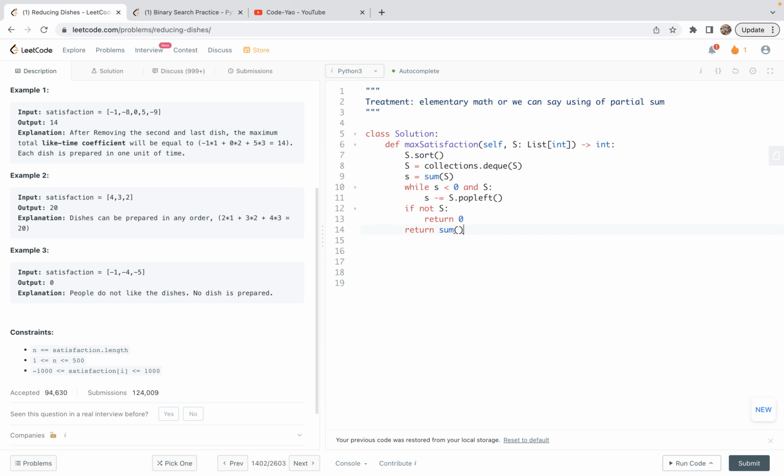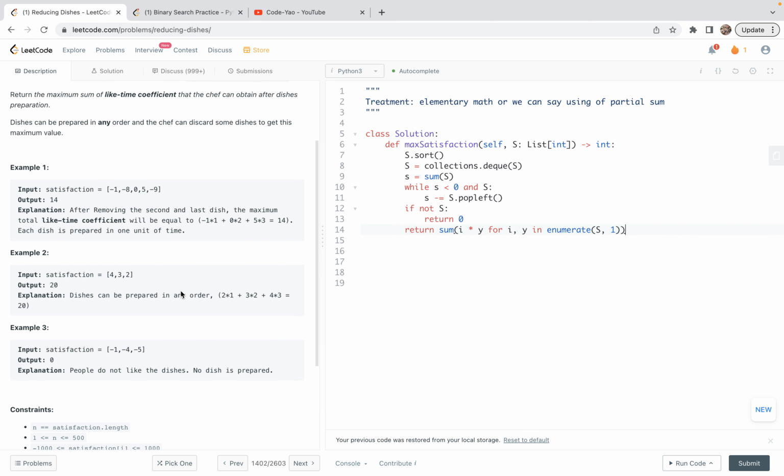We return the sum of the level times i, for i, y in enumerate S, the current state of S, but we start from index 1. So this has the interpretation that the index is the time needed to prepare the dish. So this short code forms a solution to this problem.